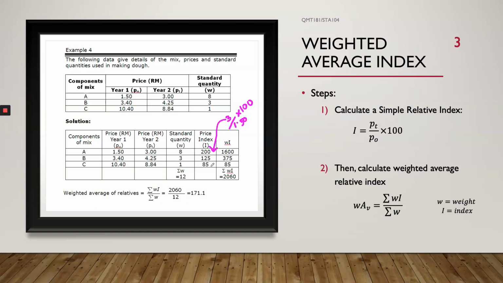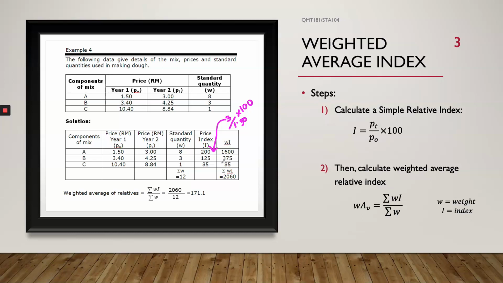Once you have this information, you create a column for weightage times index. Here is the weightage for each component. The first one should be 8 times 200, and that's why you will get 1600. 125 times 3, you will get 375, and 85 times 1, you will get 85.